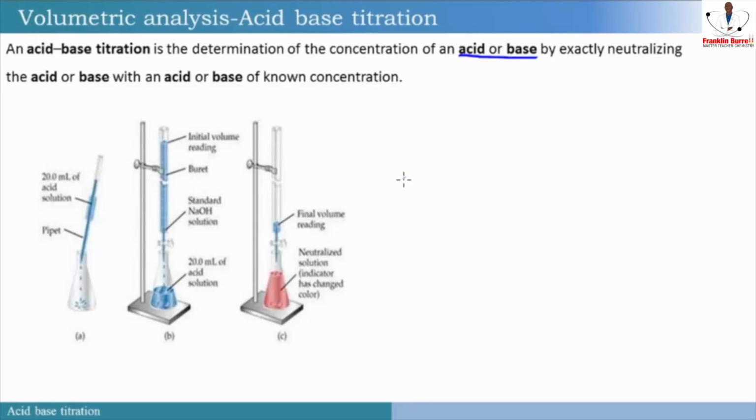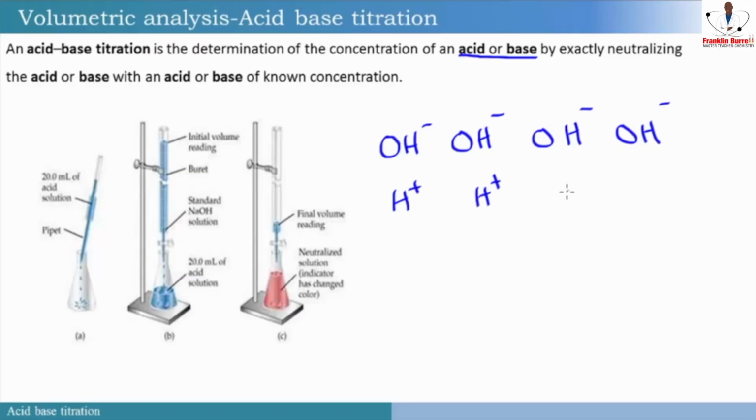Now, if I'm dropping base, let us use OH to represent base. And let's say these are drops of alkaline solution, and we have acid solution in our flask. Every drop of alkaline or sodium hydroxide from my burette into my flask would cancel or neutralize an acid.